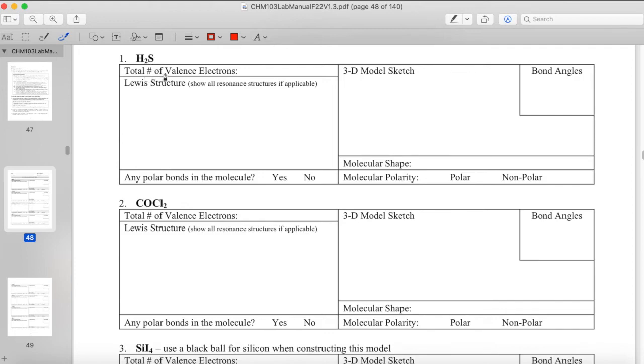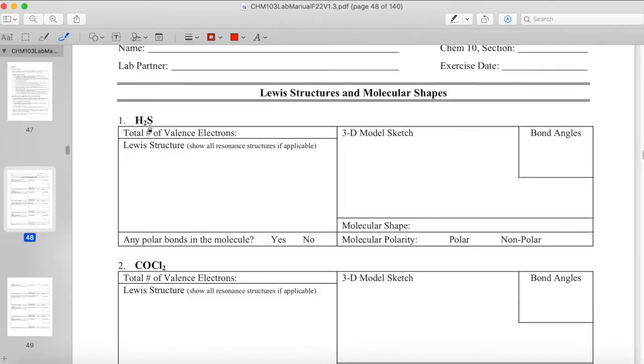Okay, so when you look at a formula for something, you want to look at the group that each of those elements is in, and that should tell you how many valence electrons that atom has. Now, please note, you want to use the number of valence electrons. Please do not use the total number of electrons or the atomic number of these elements.